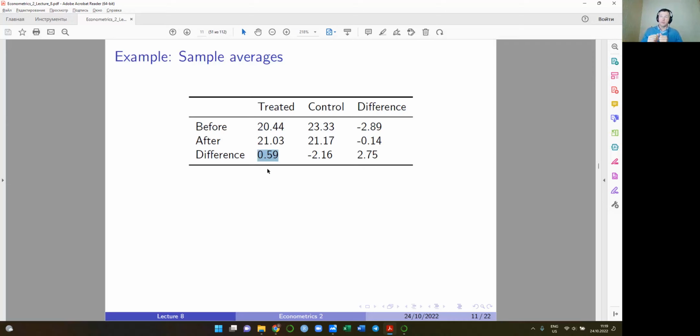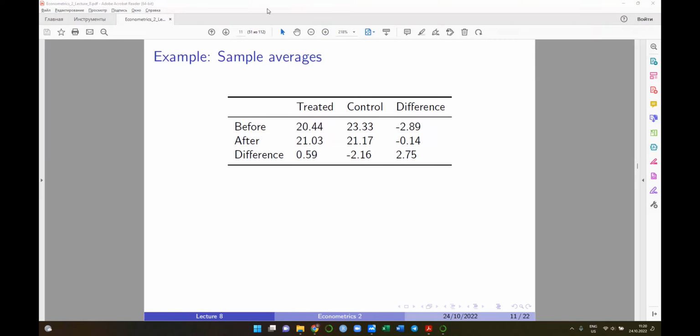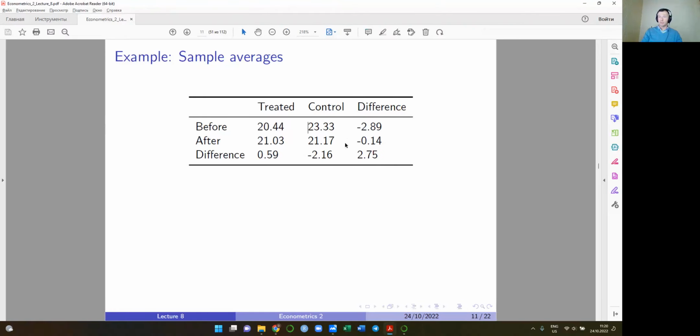Therefore, we need to look at what has happened with the control group, which was not affected by this decision. And in the control group, we see a very surprising result. Before the minimum wage was increased in the nearby state, the average number of workers was 23.33.